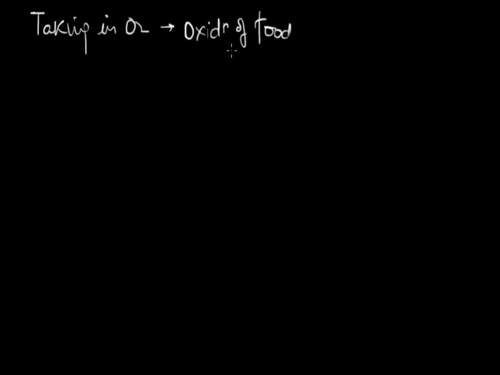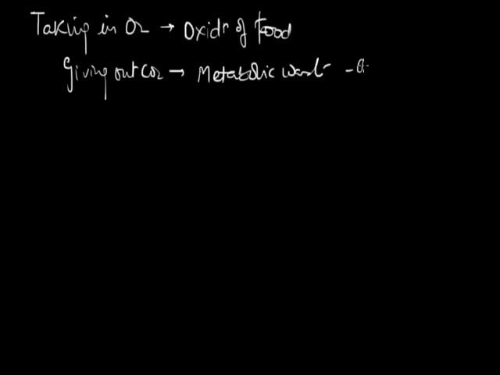So if you want to write the definition of respiration, it is simply taking in oxygen for oxidation of food and giving out CO2, which is a metabolic waste generated in tissues because of metabolic activities.